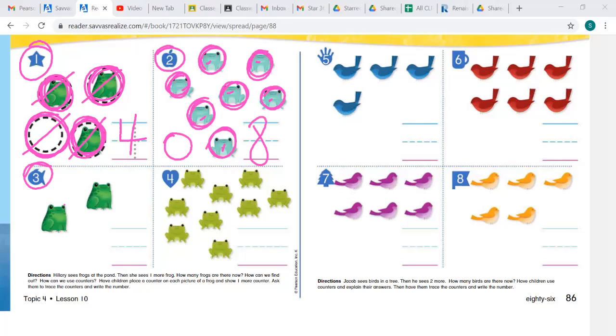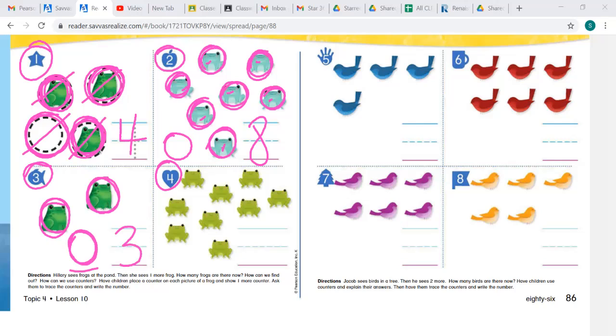Number 3, we see 2 frogs, so we have 2 counters, and then we see one more frog. What comes after 2? 3. We have 3 counters showing us 3 frogs.